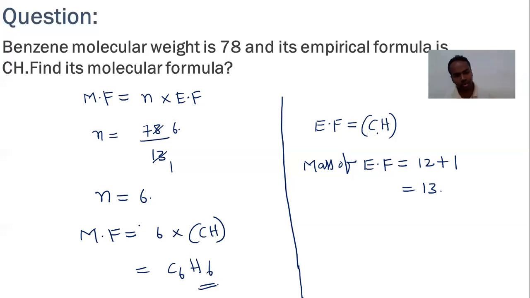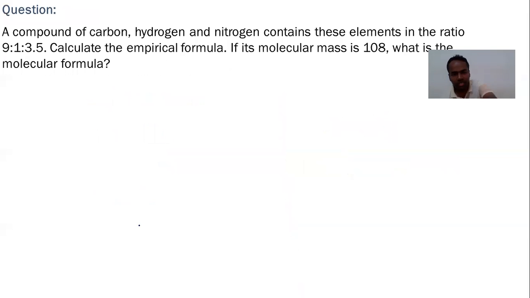So this is the relation between molecular formula and empirical formula. Now I want to take a previous question given in some competitive exams. The question is: a compound contains carbon, hydrogen and nitrogen in the ratio 9:1:3.5.